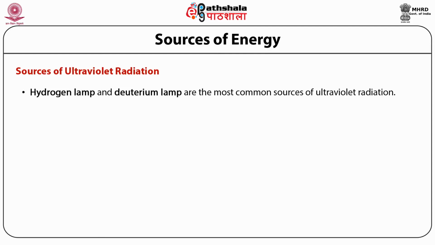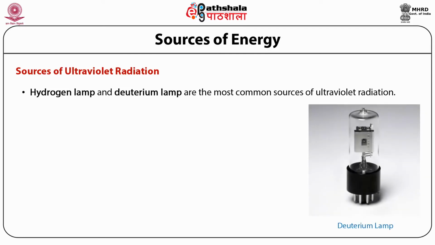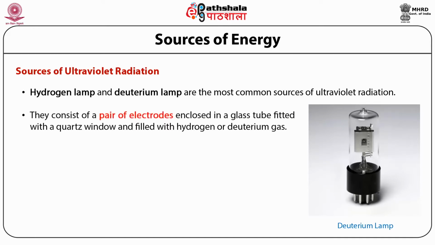The hydrogen lamp and deuterium lamp are the most common sources of ultraviolet radiation. They consist of a pair of electrodes enclosed in a glass tube fitted with a quartz window and filled at low pressure with hydrogen or deuterium gas.